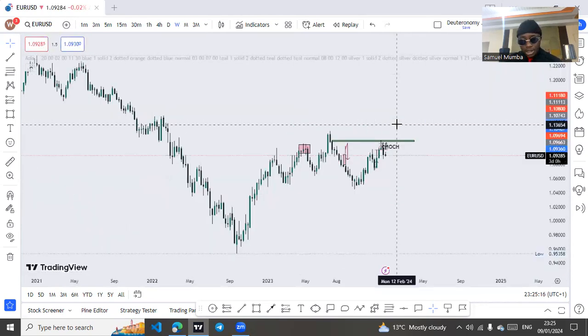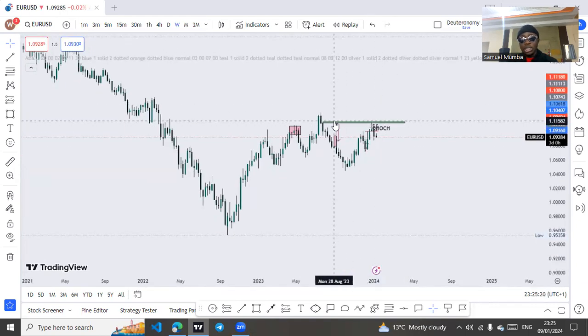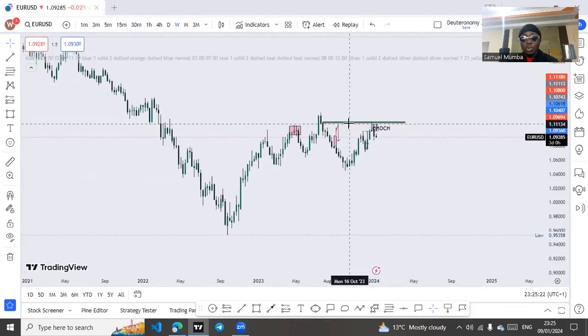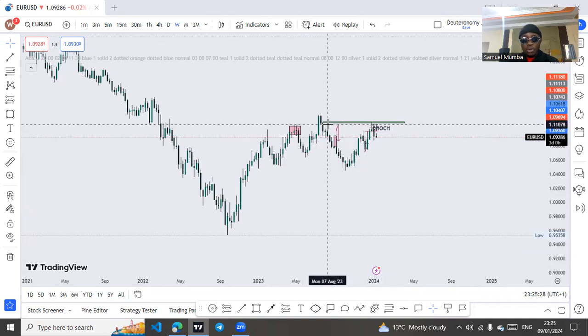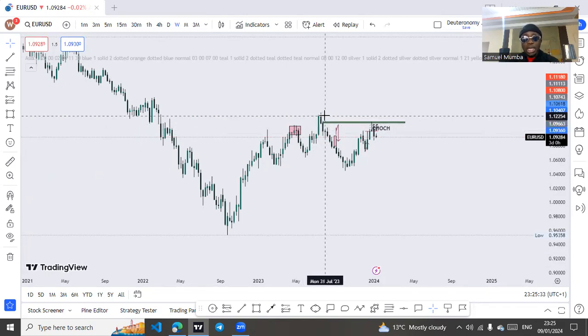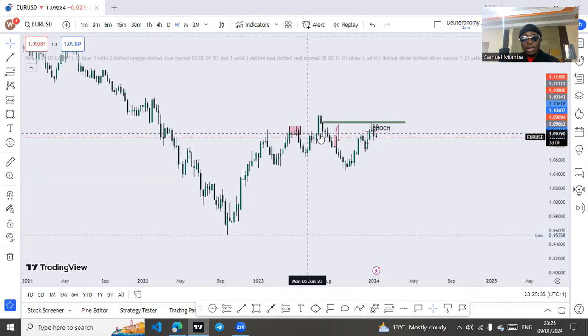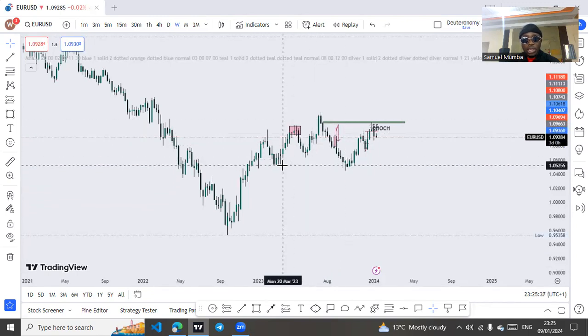Okay, Euro USD, same applies to Euro USD. Right now, Euro USD came to tap into this green level here, which was our order block after breaking this previous low and this low here. Then the market came to tap into this order block here. Of course, this was a liquidity sweep, then a move to the downside, breaking this low and this low.